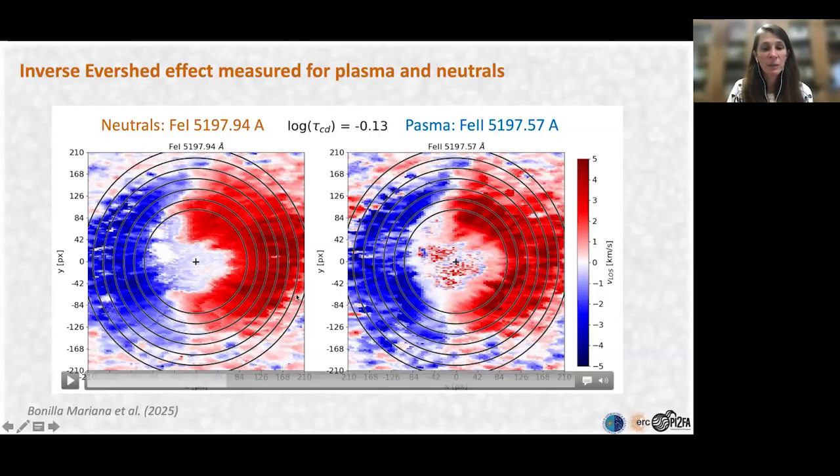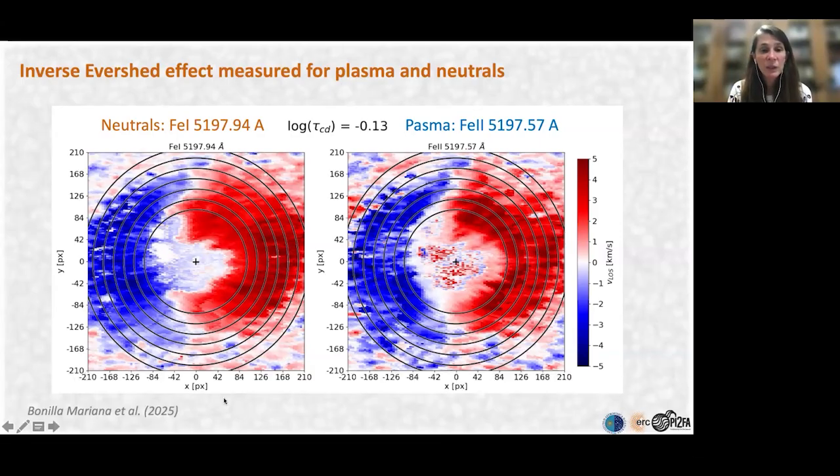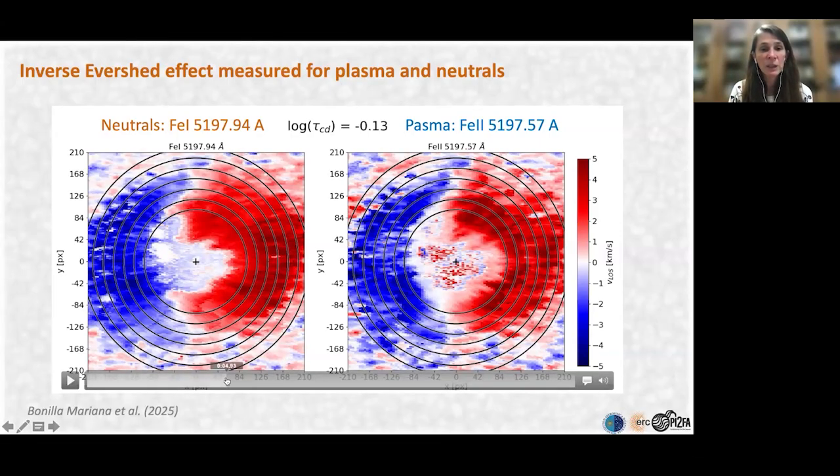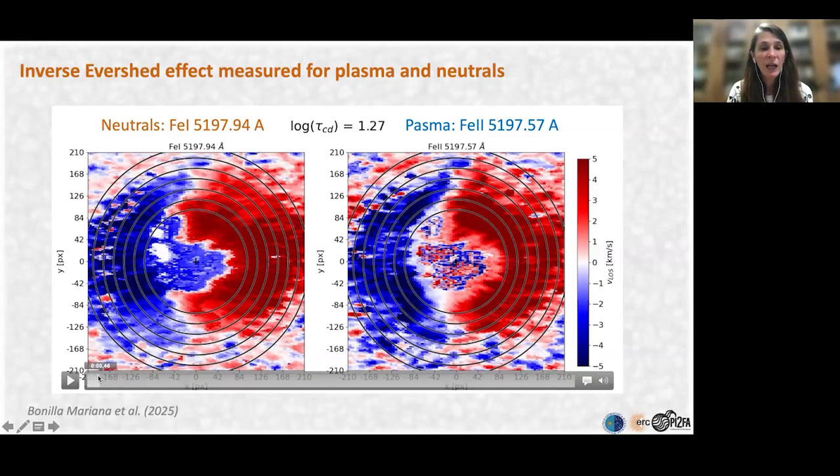This work was done by a master's student of ours a year ago. And what he did is he performed inversions of the velocities of these iron lines at different heights. So this movie shows how the height is changing in the photosphere and how these velocities are changing with height. As we move higher up, there is this parameter called the logarithm of the optical depth, and it's moving from positive to negative.